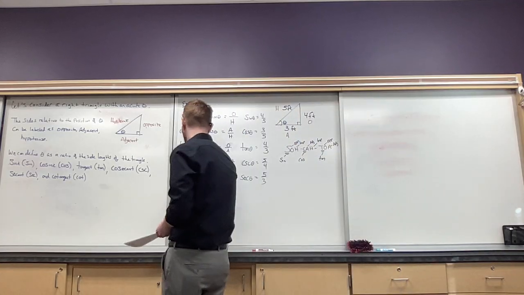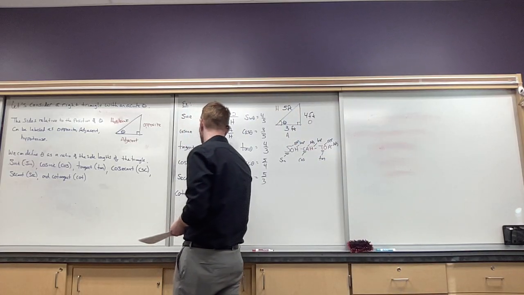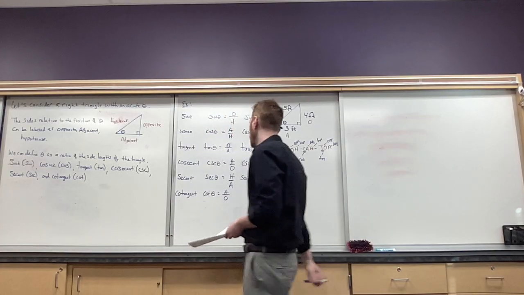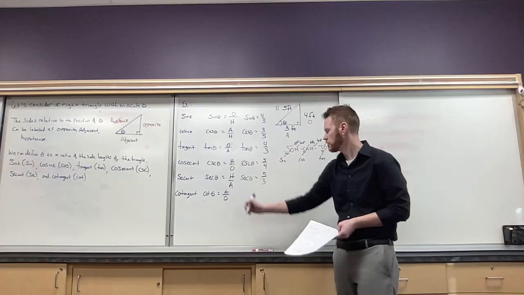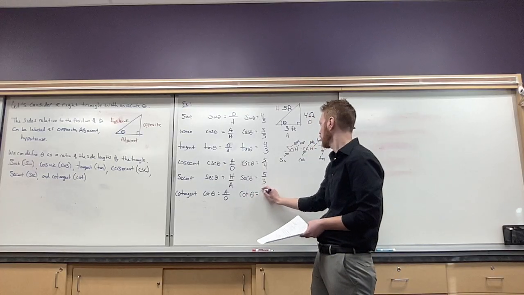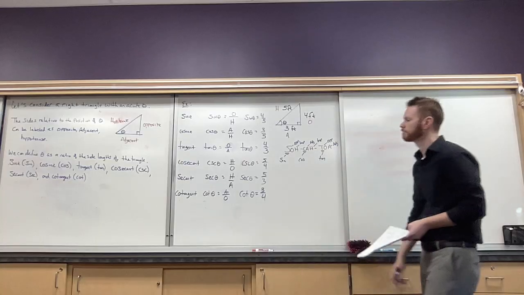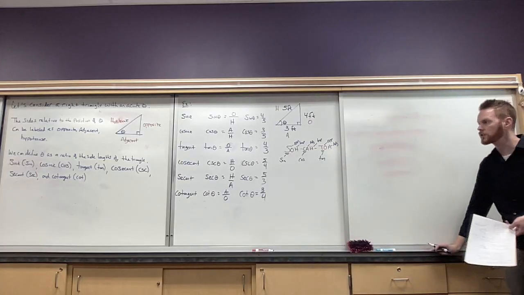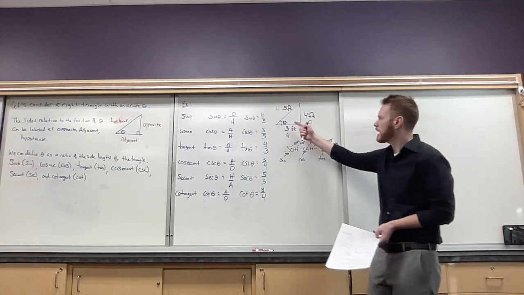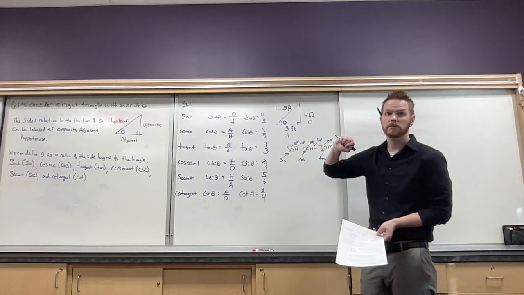So let's do that next. Cotangent is going to be your adjacent side over your opposite side. So it's just flipping those two. For this example, that's going to be 3 over 4. And there they are, our 6 trig functions. Again, we're representing this angle as a ratio of two sides.